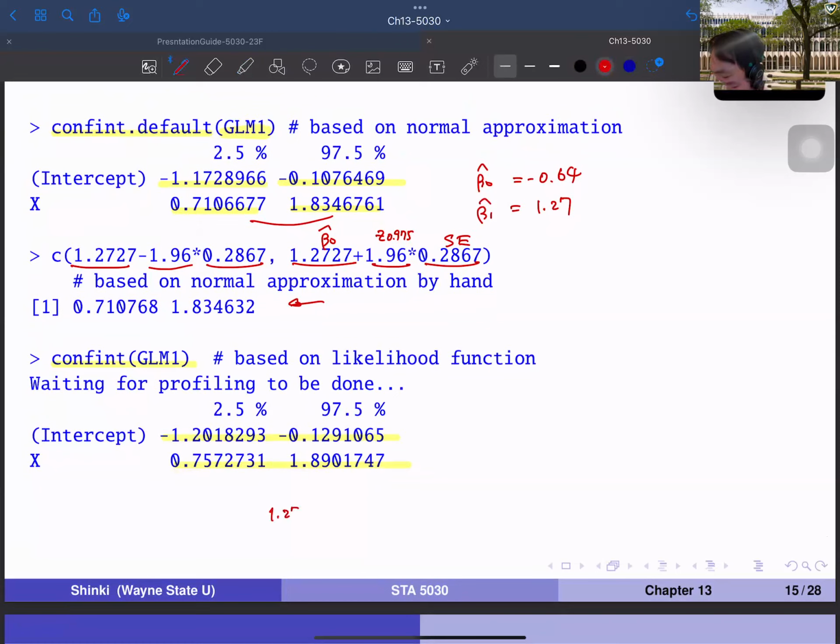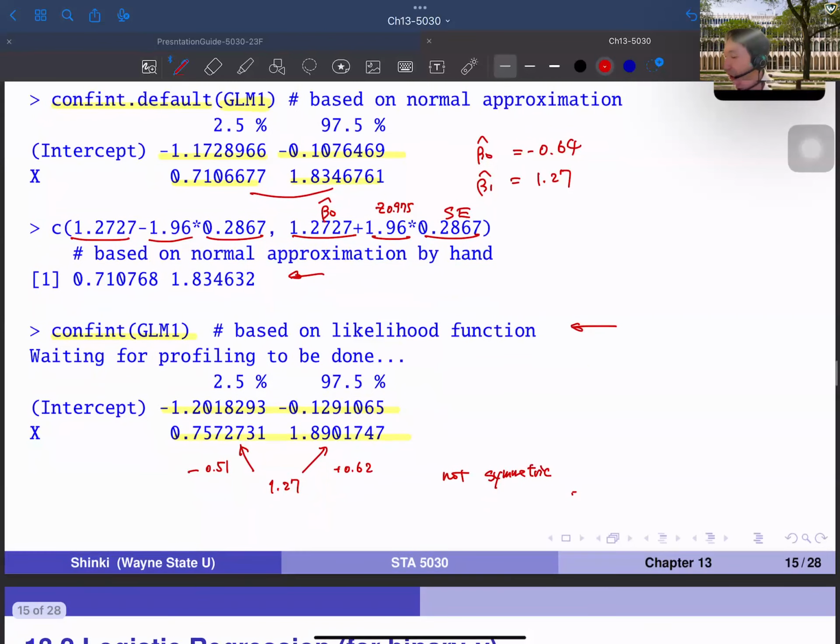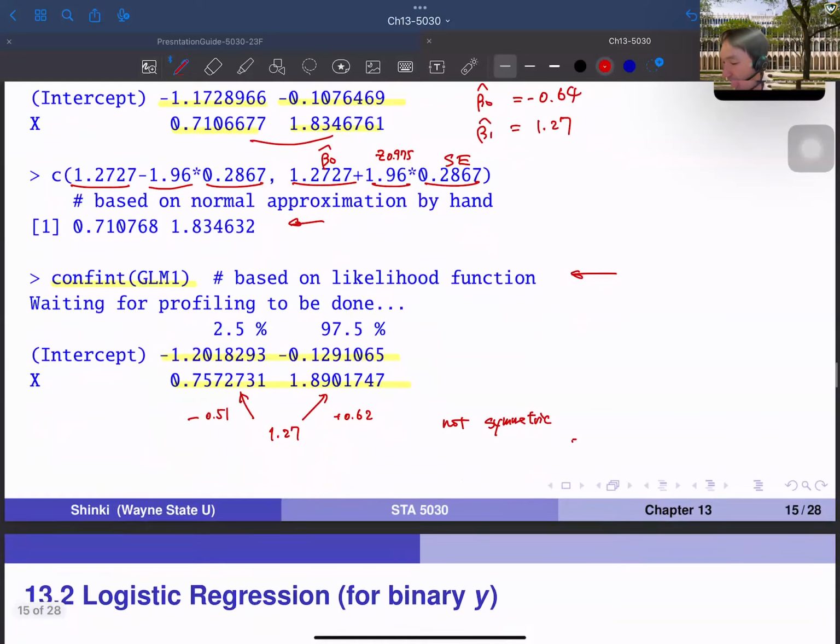It is 1.27 minus 0.51 or 0.52, and the estimate plus 0.62, so it's not symmetric. Since this is more accurate, you can just use it unless the computational time is too long.